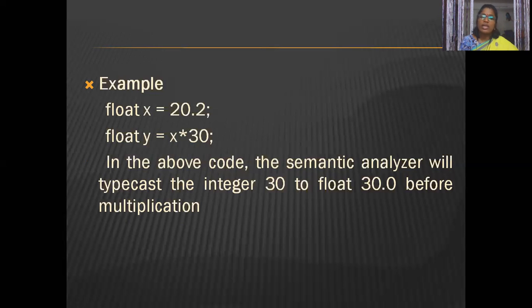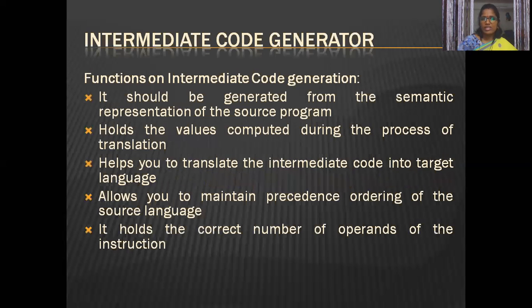Typecast the integer 30 to float, which is nothing but 30.0, before multiplication. So it is taking some corrective measures, which is nothing but error handling. Error handling is done here. Right? Next phase, intermediate code generator. It divides your instruction into simpler tasks using an address path.